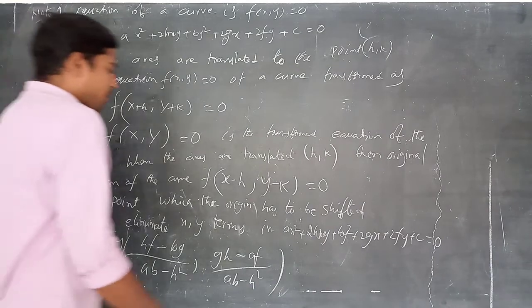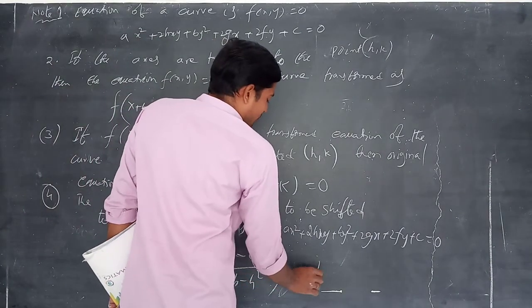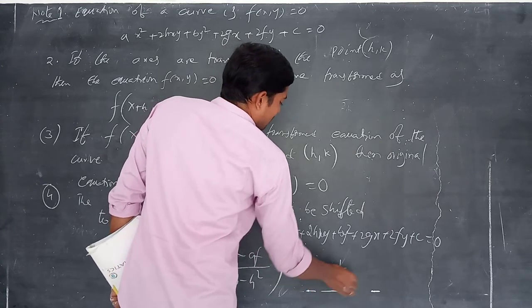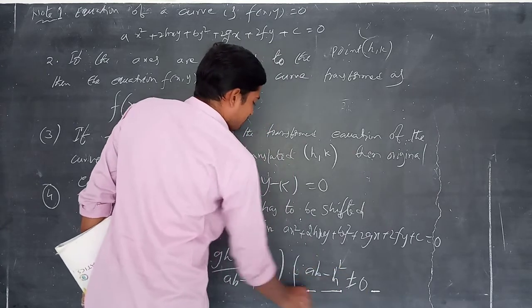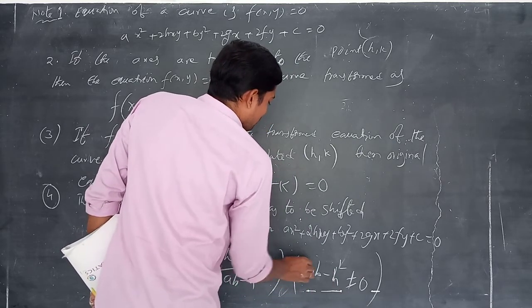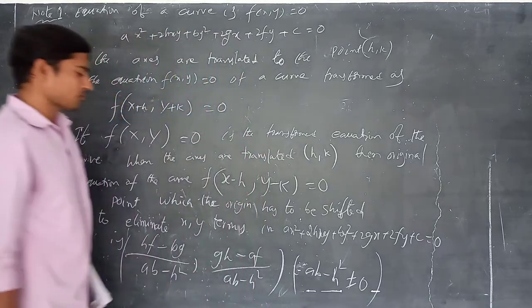Here ab minus h square is not equal to 0.